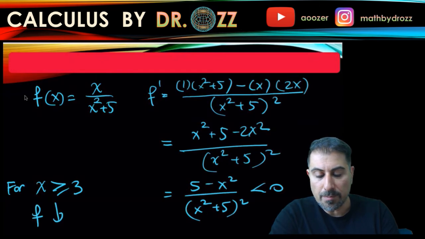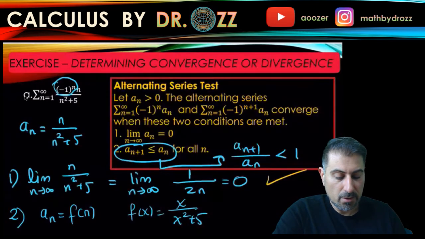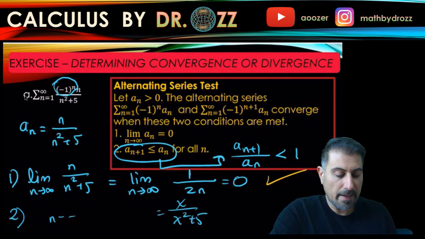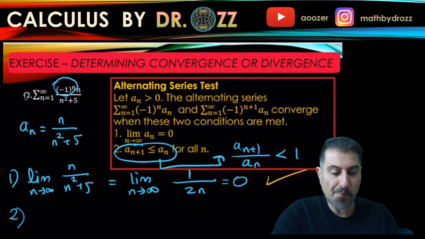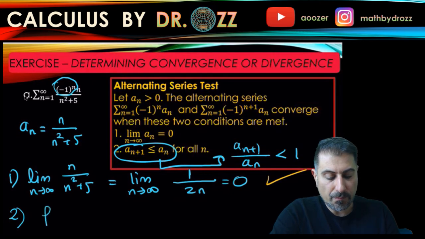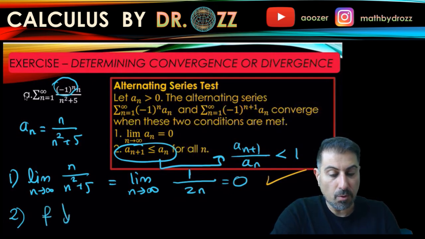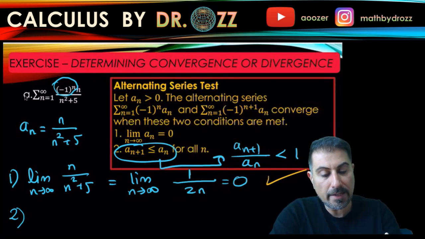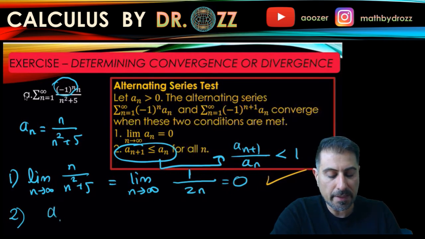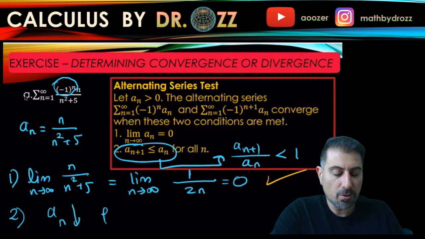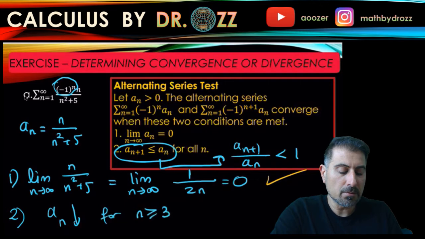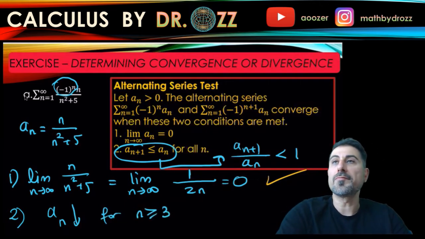So I can go back here: f is decreasing, or let's put it this way, a_n is decreasing, because if f is decreasing, a_n is decreasing for n greater than or equal to 3.